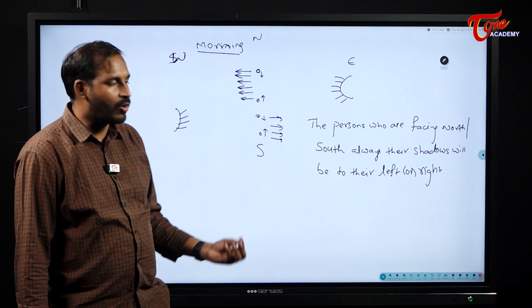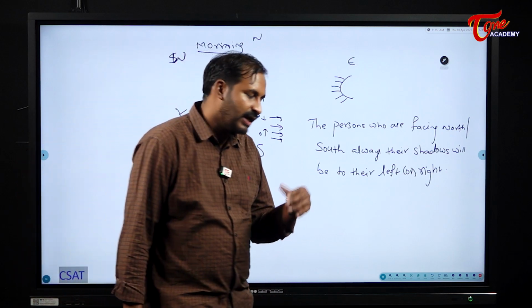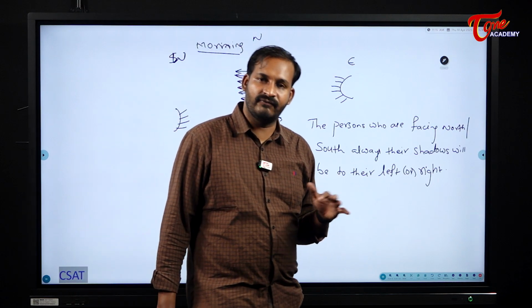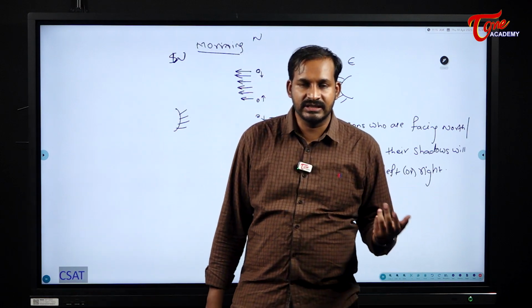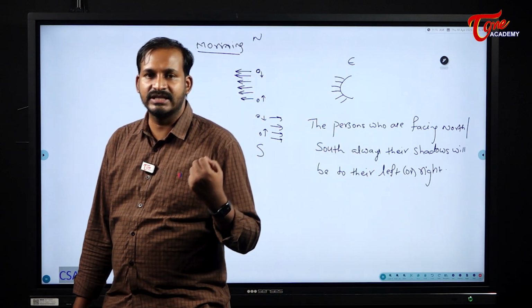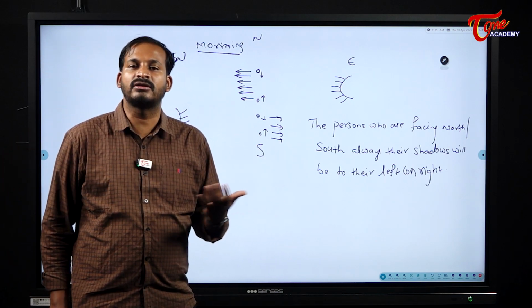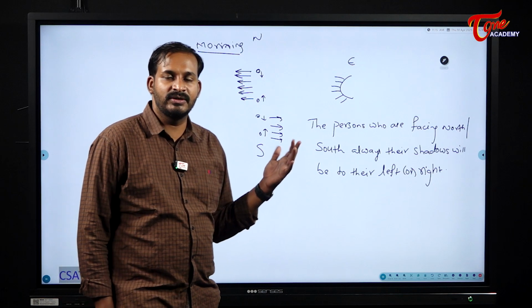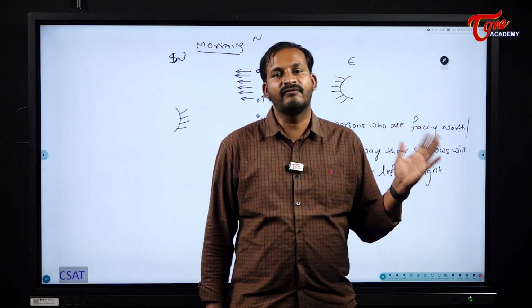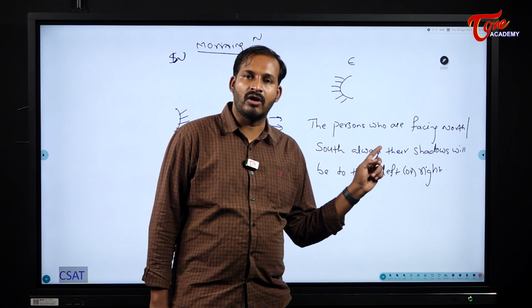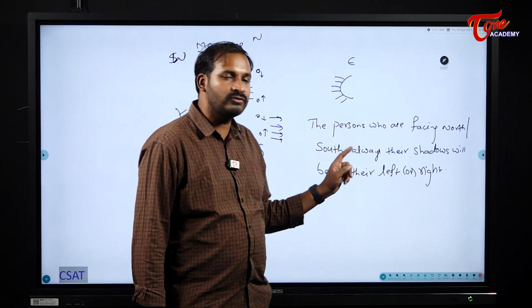That means whether it may be morning or evening. And reverse also we can say. If the shadows of the persons are falling to their left or right, then in which direction is there a possibility they both can stand? Definitely they both should face either north or south. Then only there is a possibility of getting the shadows onto their left or right. See, persons who are facing north or south, definitely their shadows will fall to their left or right.